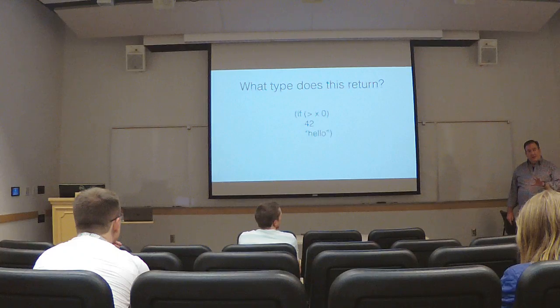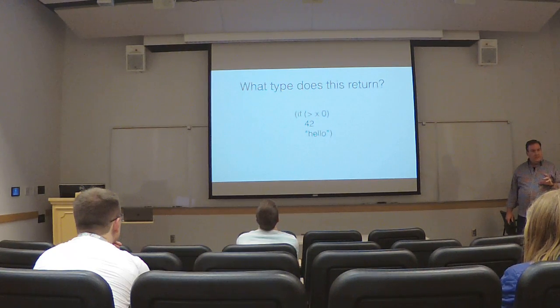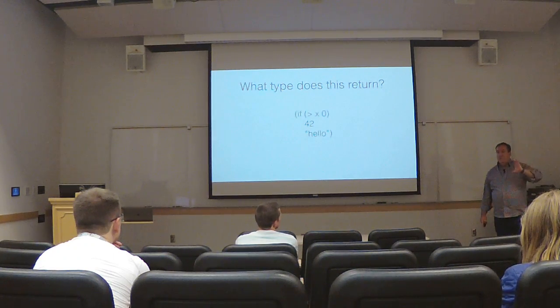So many languages that have constructs like this will require that everything that's returned be the same type, whether it's the then or the else branch of an if, whether it is, and we saw that C actually does that, C++, whether it's multiple different return statements inside of the same function. Even if you don't declare what the return type of the function is, you can require that all the different values that function returns must be of the same type.